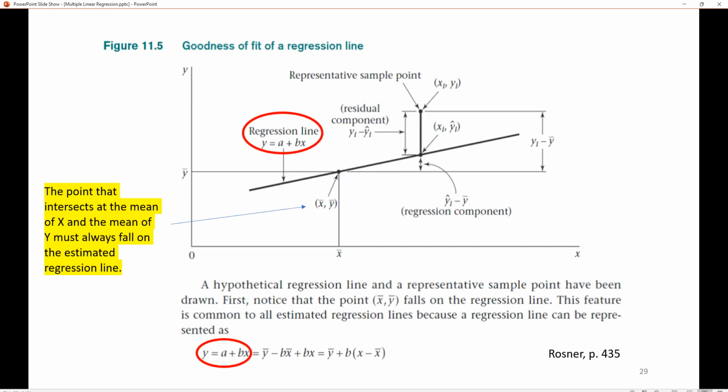And here's another trend line, and this is actually to help show the regression and residual components of this trend line. So here we have one actual value that we're highlighting in the trend, and at the very top it reads representative sample point, and that's the sample point, that's a data point.